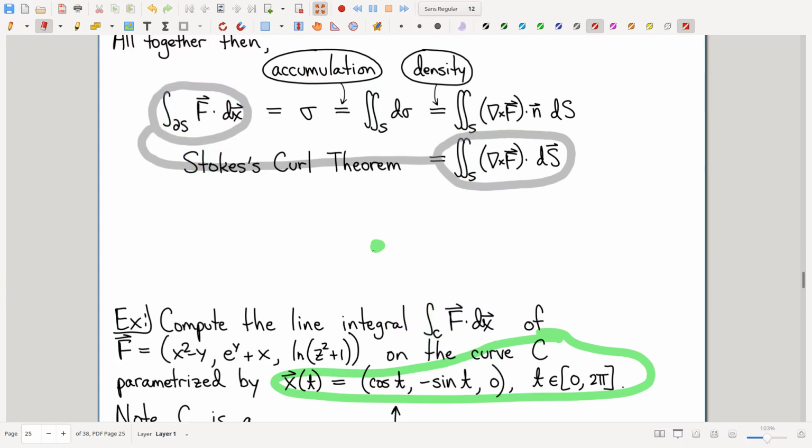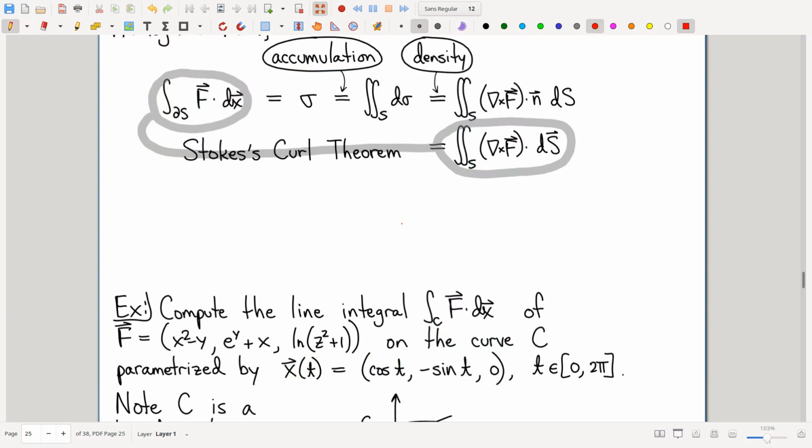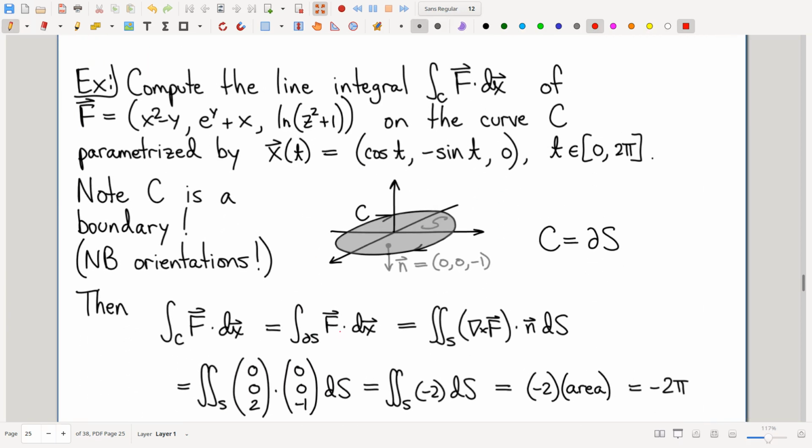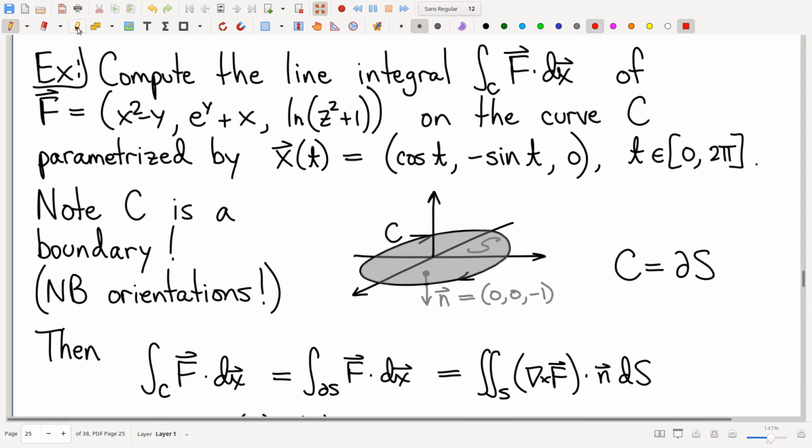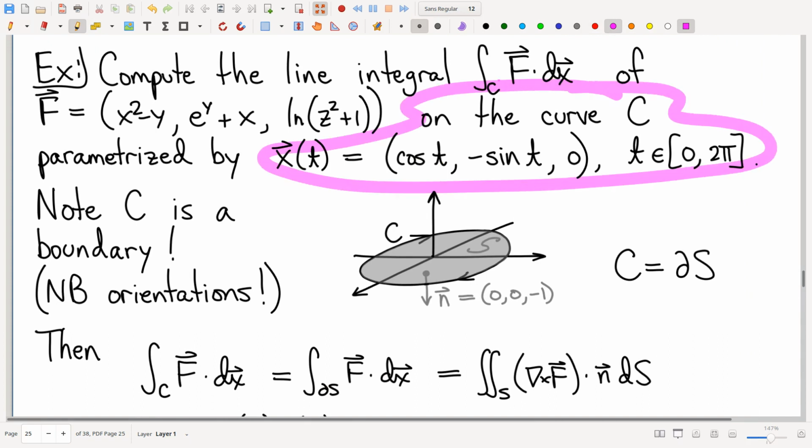Here we go, looking at our curve. There's our curve. Note the minus sign.